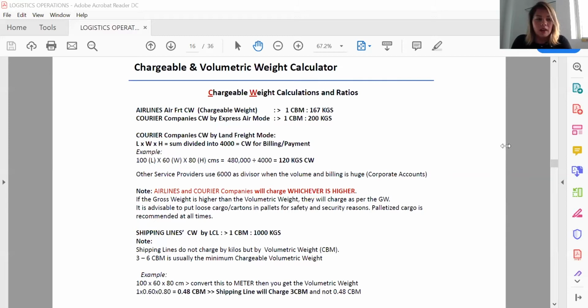So if you are a frequent and high volume mover for a logistics company like DHL, the higher the volume movement you have with them, the better rate that you will enjoy with them.